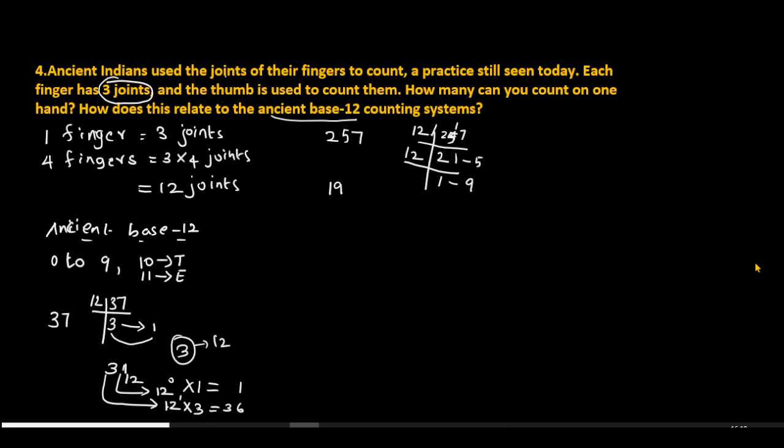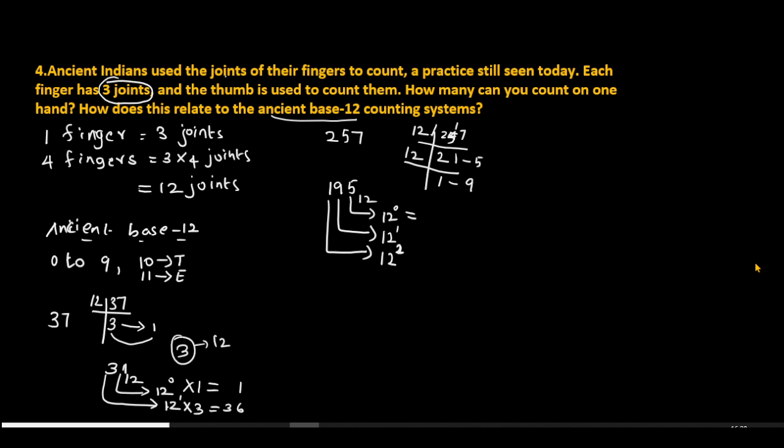1 9 5 base 12, which means in this place no 12, in this place 1 12, in this place 12 power 2. You have to raise the power. First place 12 to the power 0, second place 12 to the power 1, third place 12 to the power 2. Then you need to multiply by the number present there.